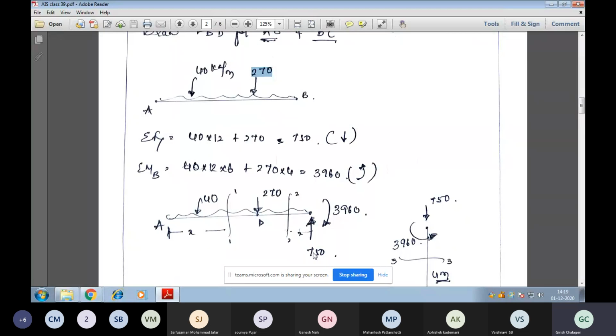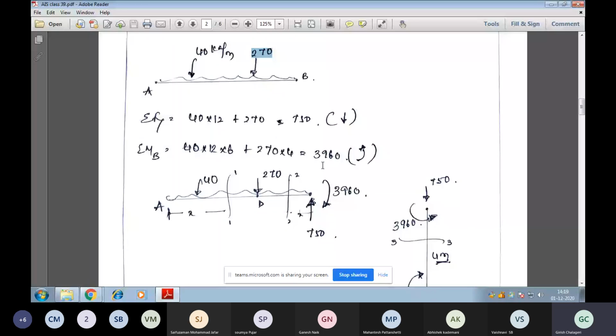In a similar fashion, there is an anti-clockwise moment of 3,960. 40 into 12 into 6 plus 270 into 4, we get 3960. So this is anti-clockwise. To keep it in balance, a clockwise moment of 3960 will be present at the B joint. So this is the free body diagram of member AB.